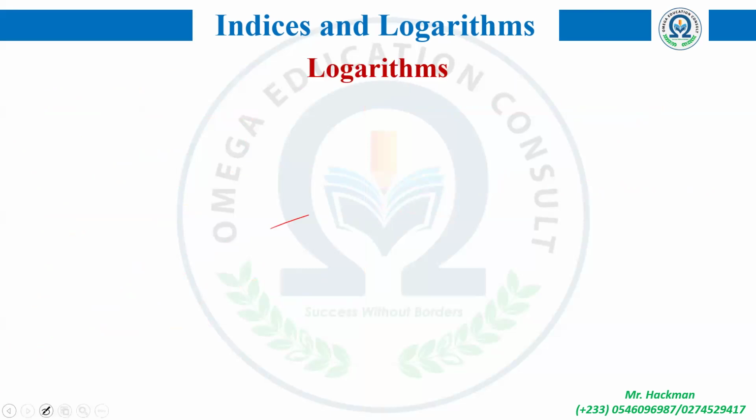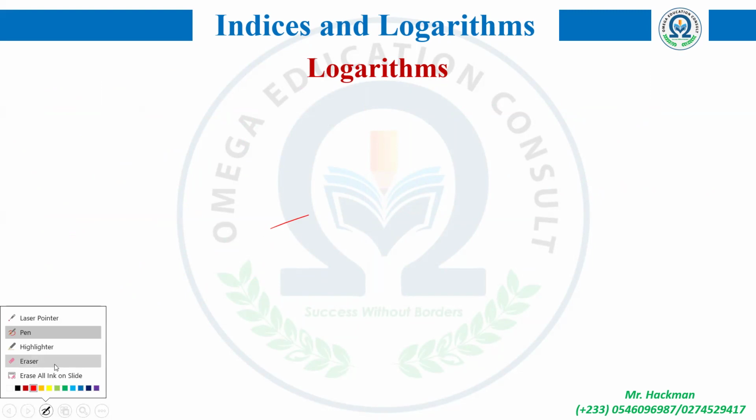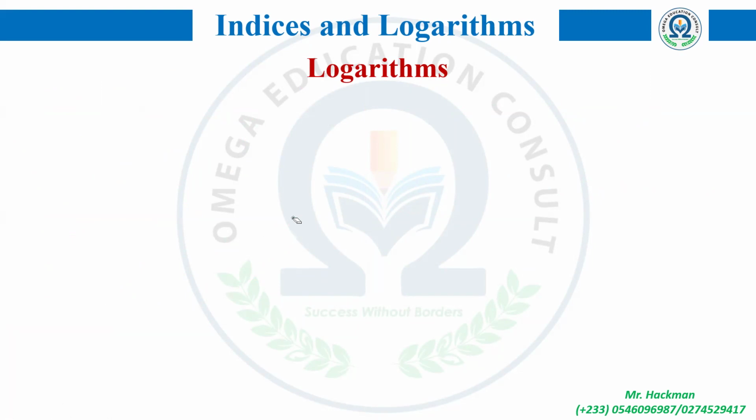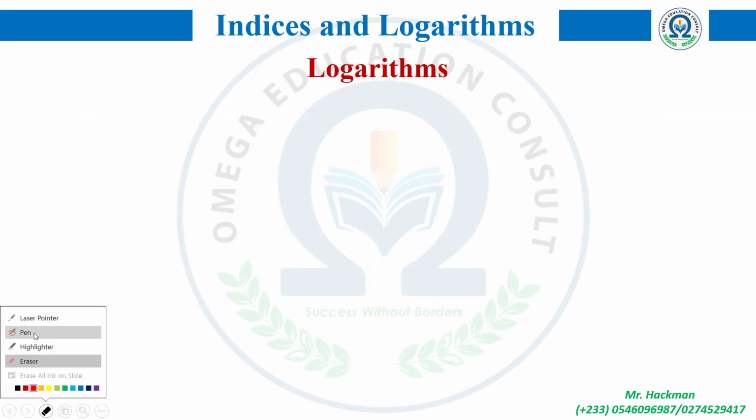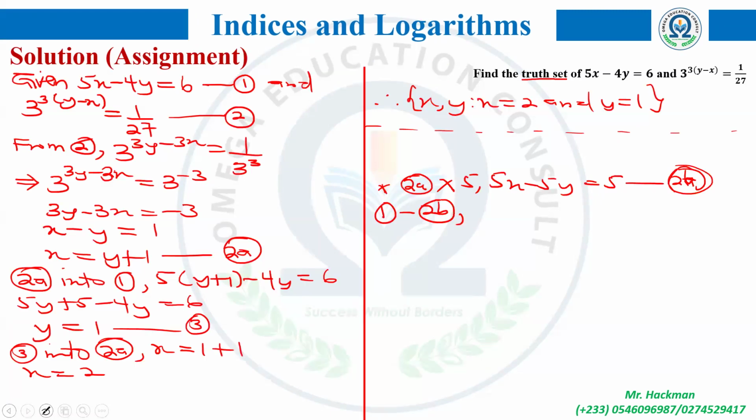With the other one, you write more. So take notes. Let me clear this. Then go back. So equation 1 minus 2b will be 5x minus 5x, and that will go. That was your intention.